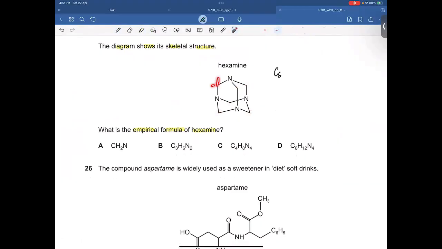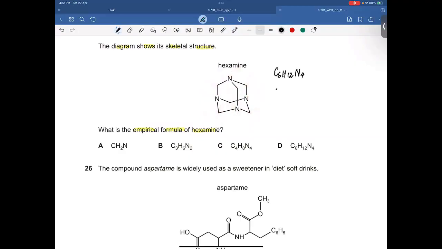Hydrogen: 2, 4, 6, 8, 10, and 12. Okay. We have 12 hydrogen atoms. How many nitrogen? 1, 2, 3, 4. We have 4 nitrogen atoms.